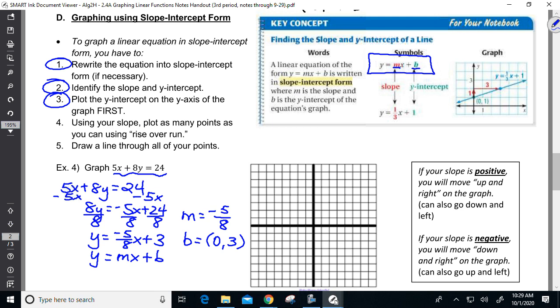Step 3, plot the y-intercept on the graph. So go to the y-axis, put your point on 3. Use your slope to plot as many points as you can. So I have a slope of negative 5 over 8. So I'm going to go down 1, 2, 3, 4, 5, and to the right 1, 2, 3, 4, 5, 6, 7, 8.